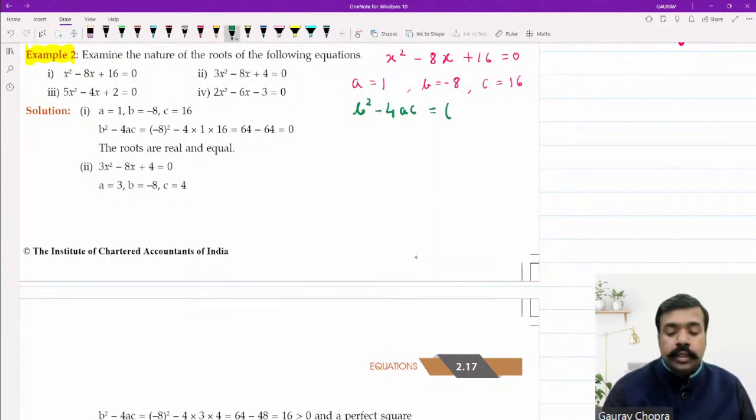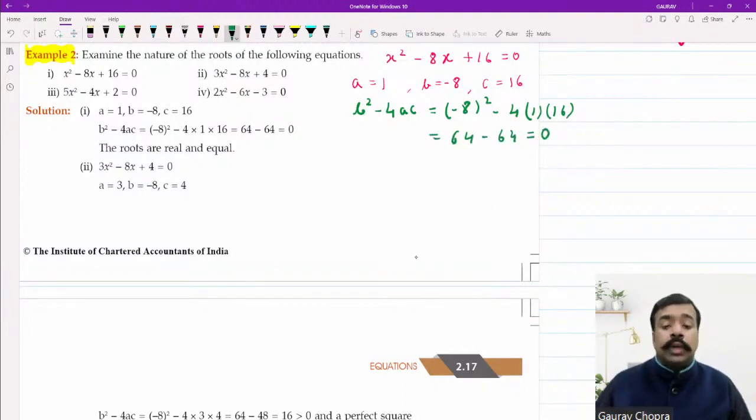What is b? b is minus 8 with a square on top, minus 4 times a is 1 and c is 16. So what we are getting is 64 minus 64. So 64 minus 64 becomes 0. This implies that roots will be equal and real.